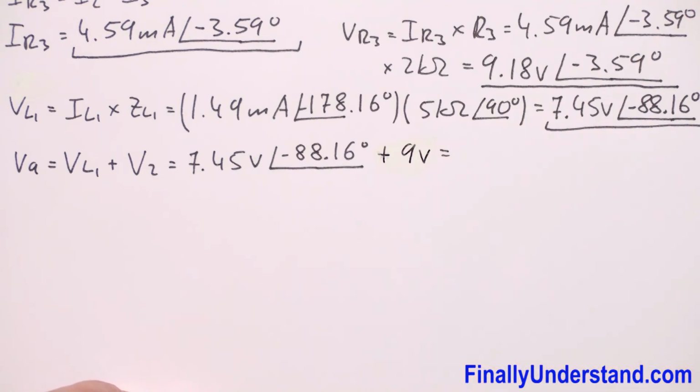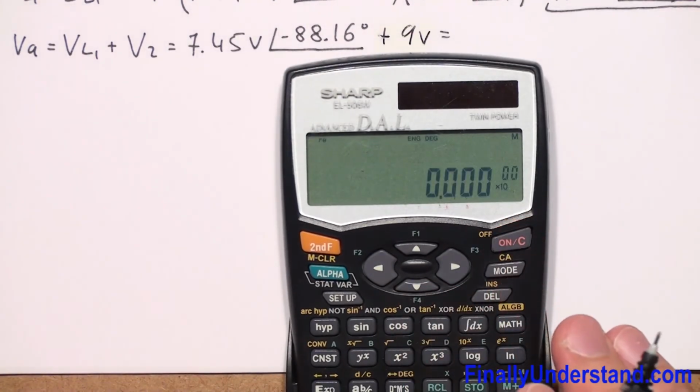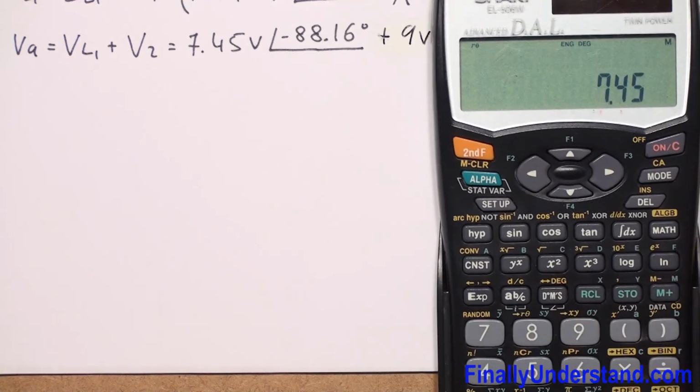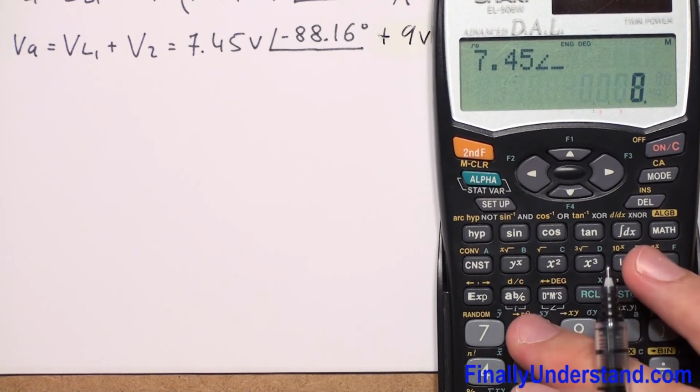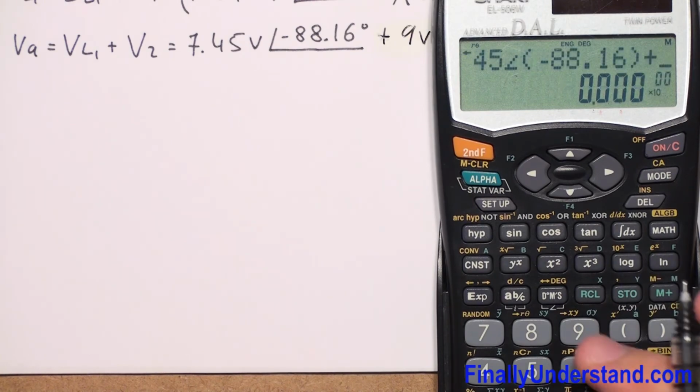Again I'm going to use the calculator, so I have 7.45 and angle of negative 88.16 plus 9.